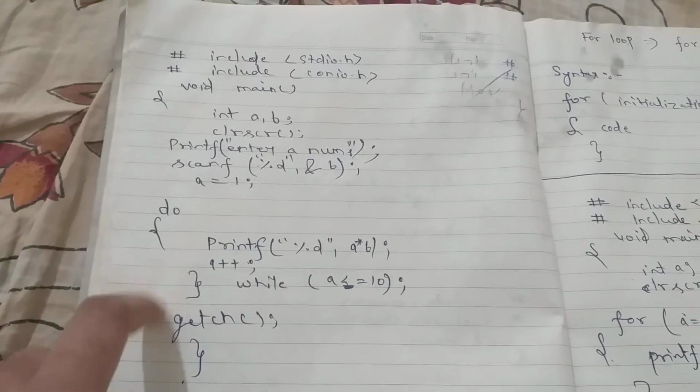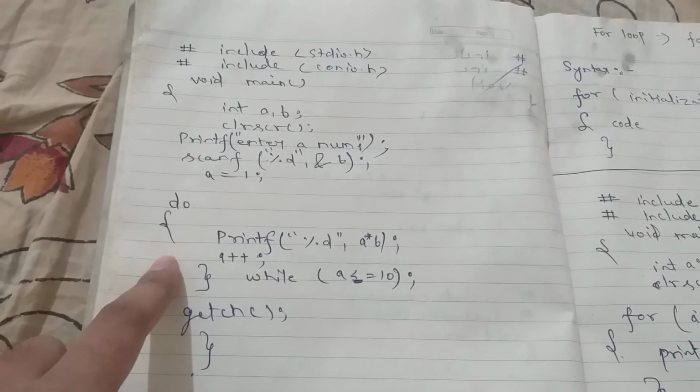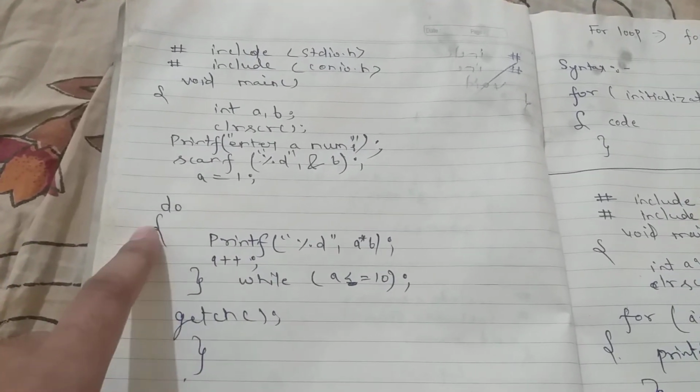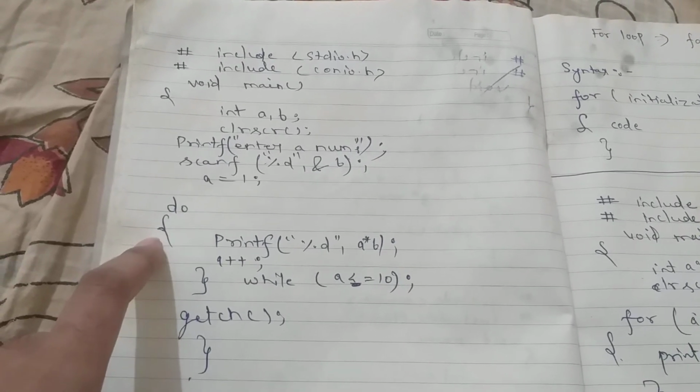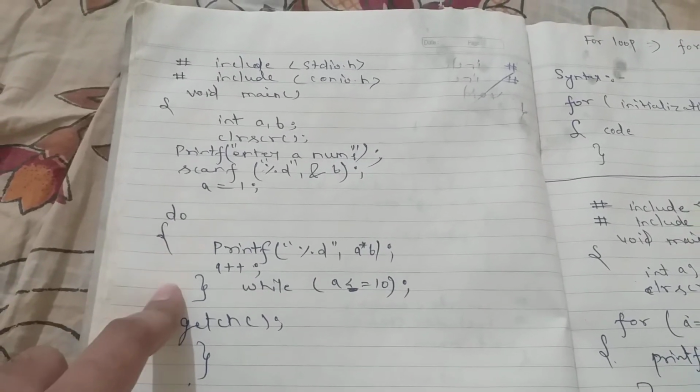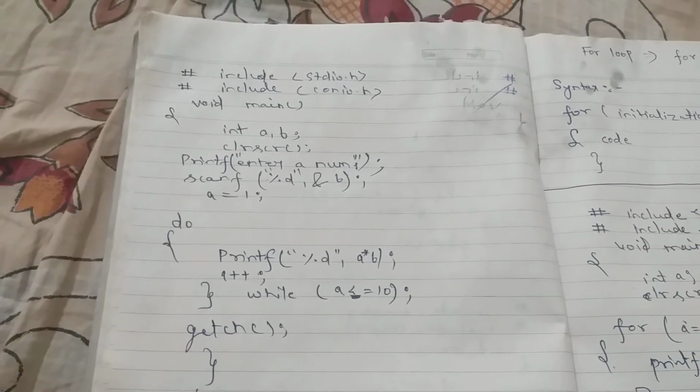So what is common in both cases? In both cases, the number for which we want the table is multiplied by 1, 2, 3, 4, 5 up to 10.